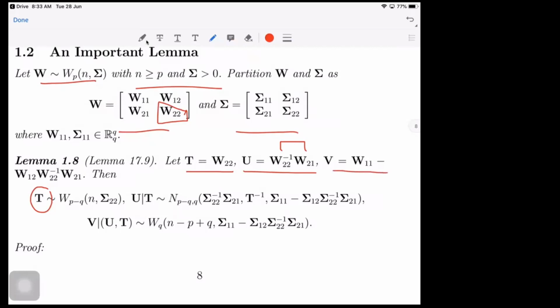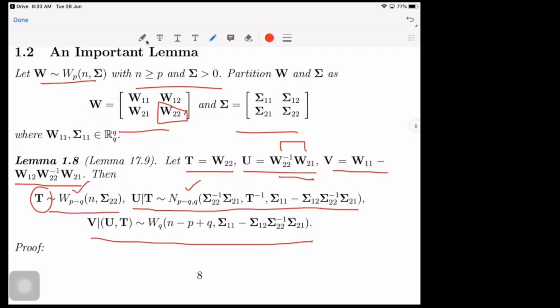And V is this component here, W11 minus W12 W22 inverse W21. This important theorem tells you the distribution of your W22, the distribution of U conditioned on T, and the distribution of V conditioned on U and T. So this is Wishart, this is normal, and this is Wishart.